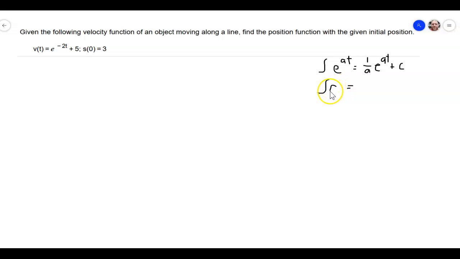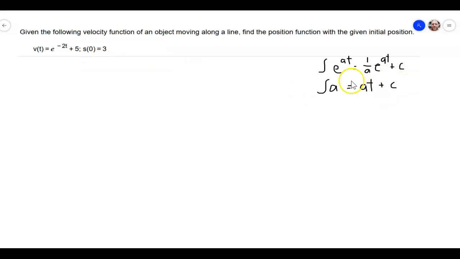The antiderivative of some constant a is just going to be a times the variable that we're talking about, plus our constant c. So if we're just finding the antiderivative of some constant, then that's equal to that constant times our variable plus the constant c.